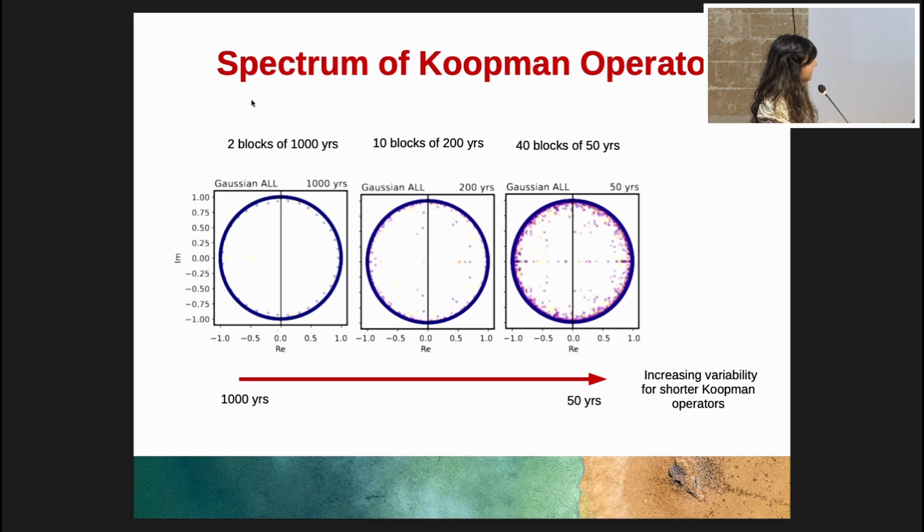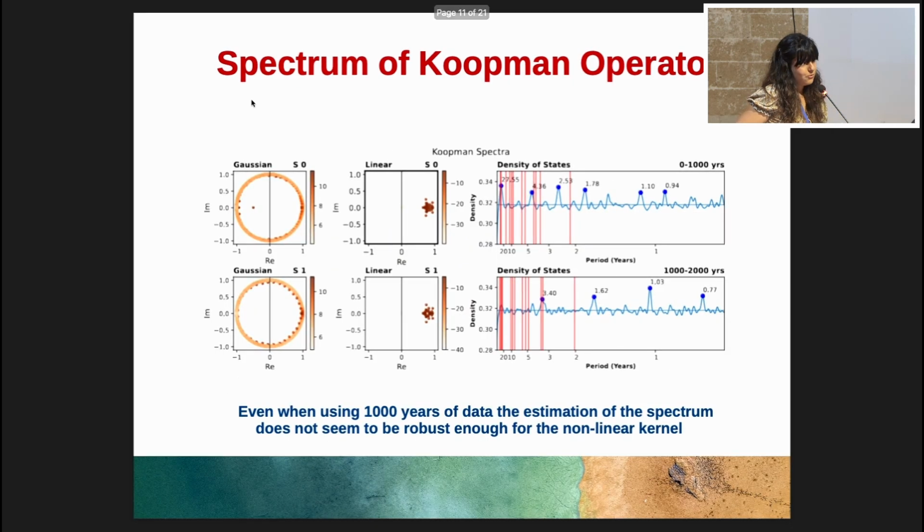And what we can see pretty clearly is that diminishing the length of our Koopman operator increases the variability of the eigenvalues. So we have more noise when we are trying to get the eigenvalues from very short Koopman operators. However, even when we took 1,000 years of data, that we will never ever have in the climate field, they seem to be robust enough.